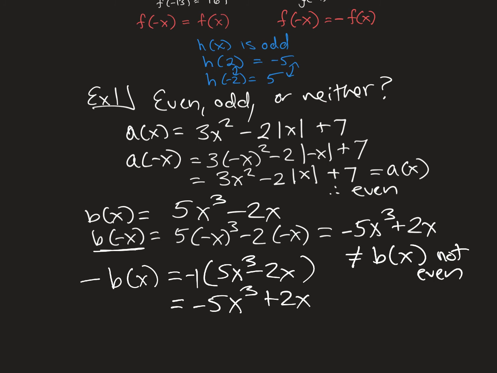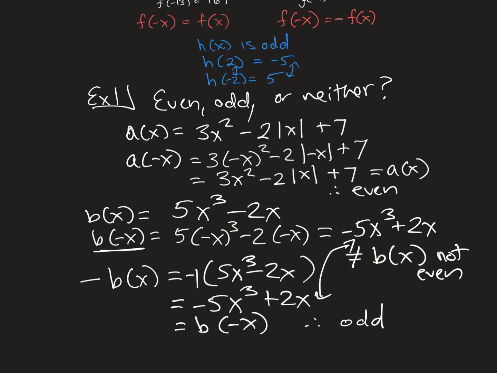Is that equal to what I got for b of negative x? And it indeed is. So this actually equals b of negative x. So by the definition of odd, when you put in a negative x, it should be the negative of what you get when you put in the positive x. That is odd.